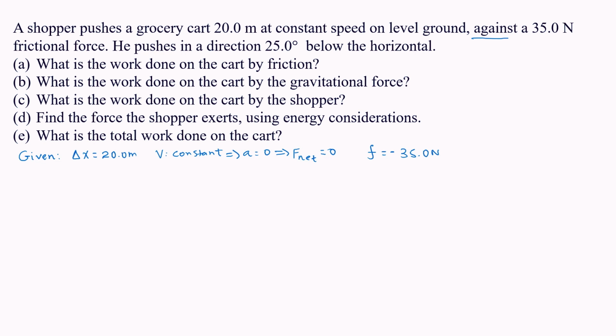Alright, the first step will be to sketch the situation, to sketch the motion. So if this is a cart, there will be friction force in this direction, and the force exerted by the shopper at a certain angle from the horizontal downward, this angle here, theta.